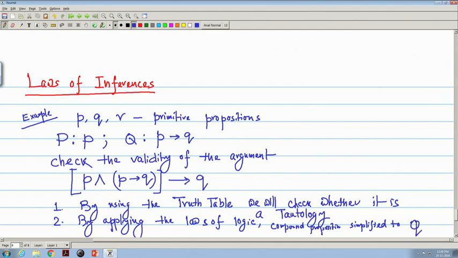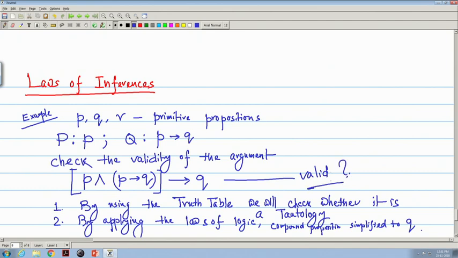So, these are the two ways we can tell whether it is valid or not.